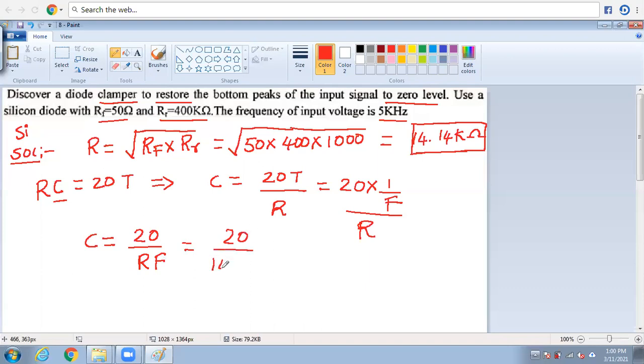Now 20 by, what is the R value? R value equal to 14.14 kilo ohms into what is the F value? F value equal to 5 kilohertz. So here I will write 5 into kilo, meaning 10 to the power of 3. This kilo also I can write here, into 10 to the power of 3.